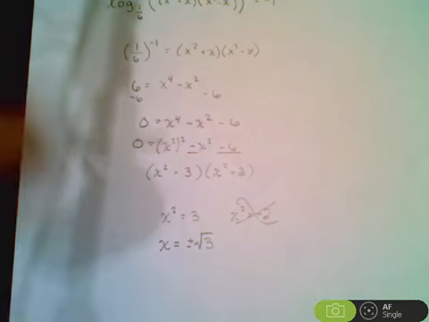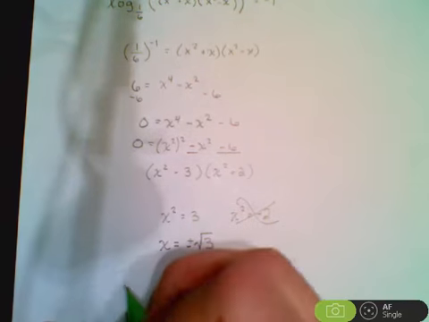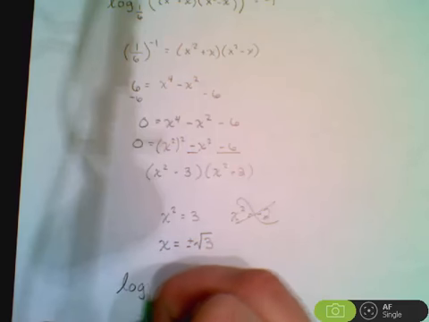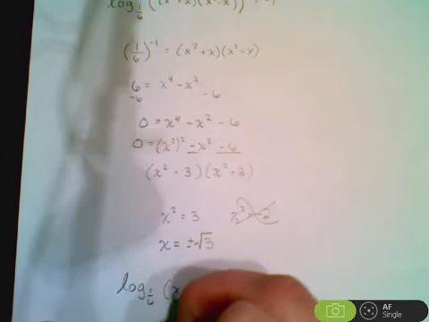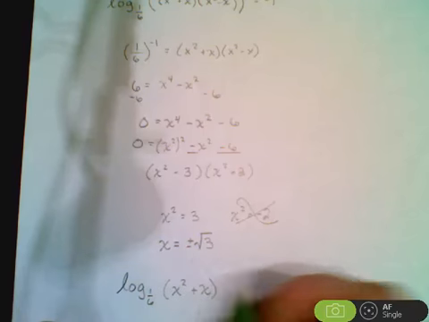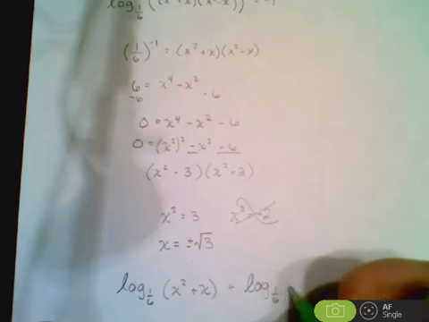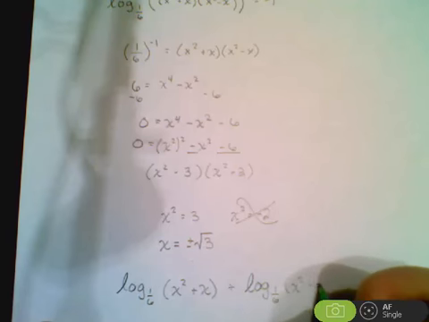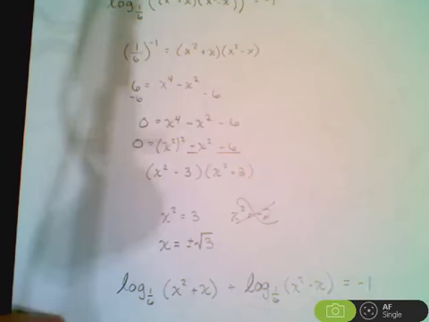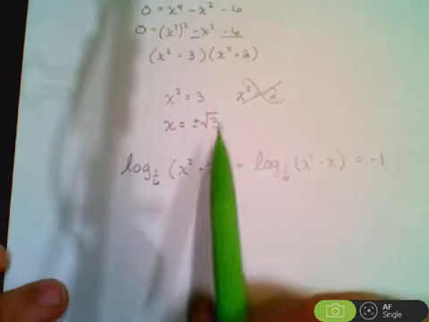So think back to my original equation, which was log base 1/6 of x squared plus x plus the log base 1/6 of the quantity x squared minus x equals -1. I have to make sure I don't run into any problems when I plug in these answers.